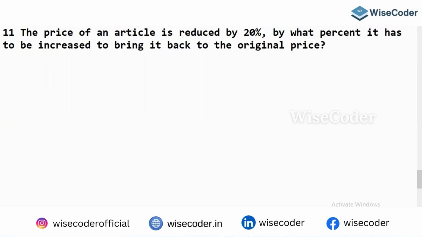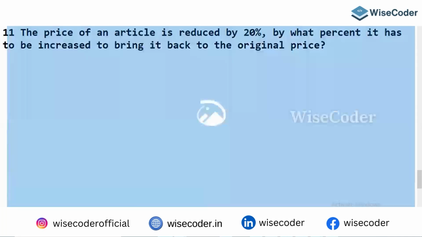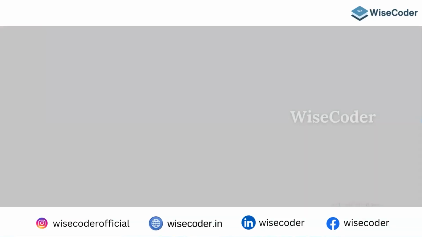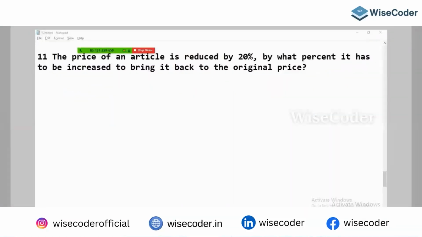Whenever you want to solve these kinds of questions, there is only one formula. The formula goes like this: 100x by 100 plus or minus x percent. Plus sign for increase, minus sign for decrease.